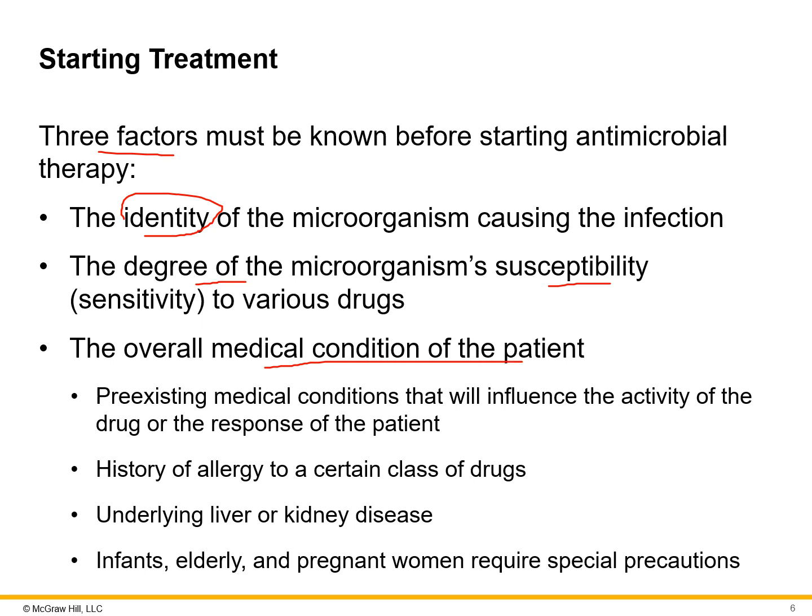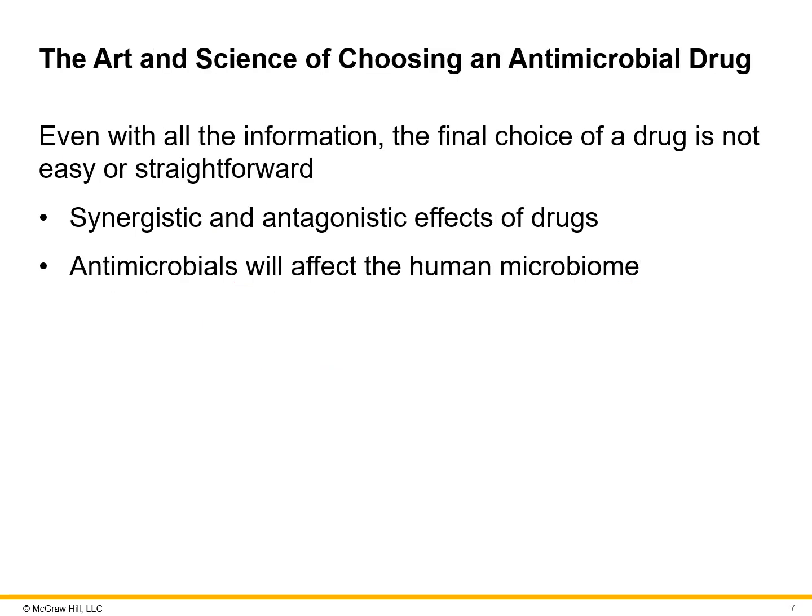That can include things like pre-existing medical conditions, any history of allergies, especially with penicillin. Do they have liver or kidney disease that will alter the metabolism or excretion of the drug? And then whether they're infants or elderly, as well as pregnant, those are all things that could change which drugs can and cannot be used.